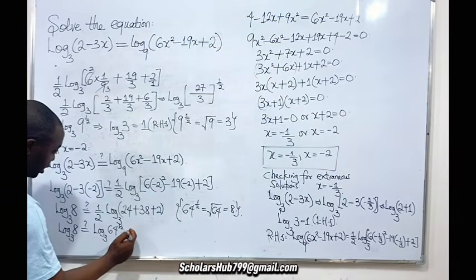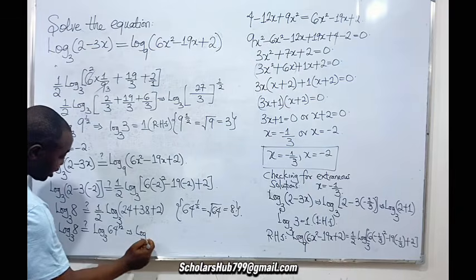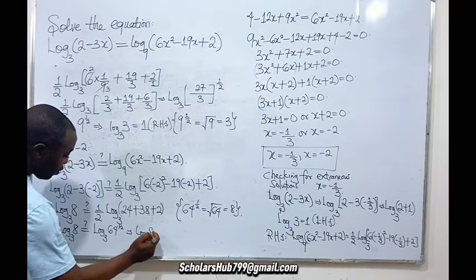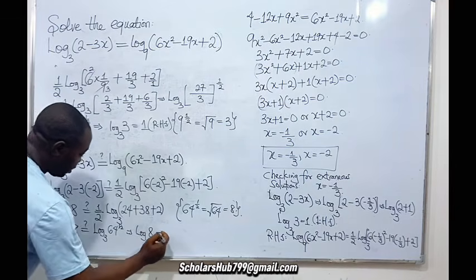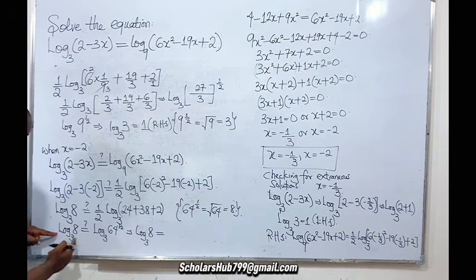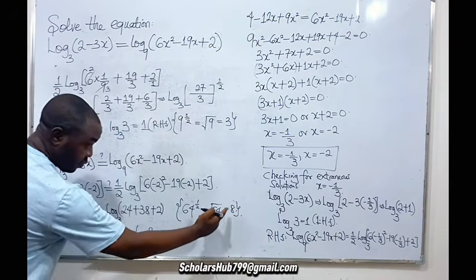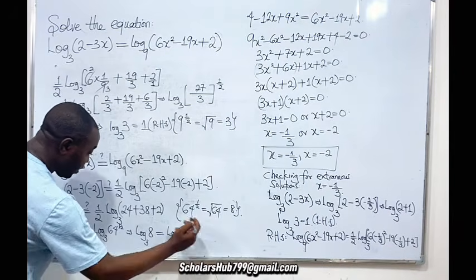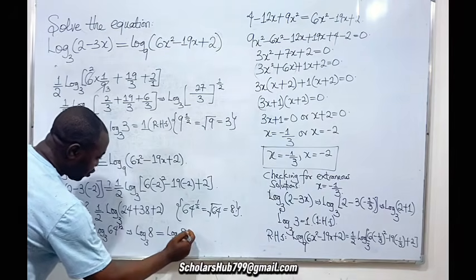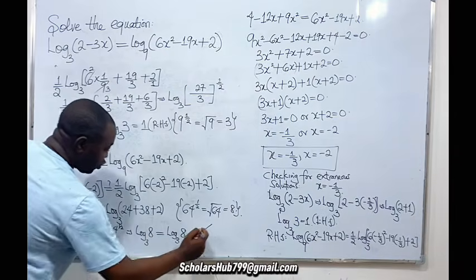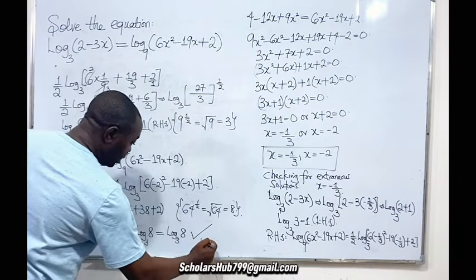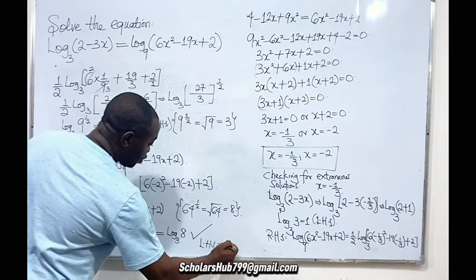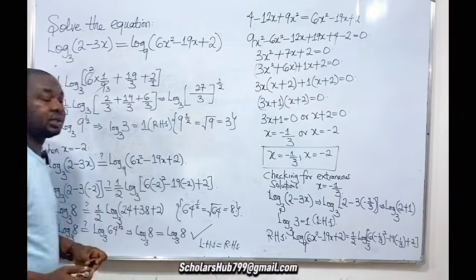So in this case, we can say that log to base 3 of 8 on the left-hand side will be equal to the square root of 64, which is what? 8. The right-hand side is also equal to log to base 3 of 8. So the left-hand side is equal to the right-hand side.